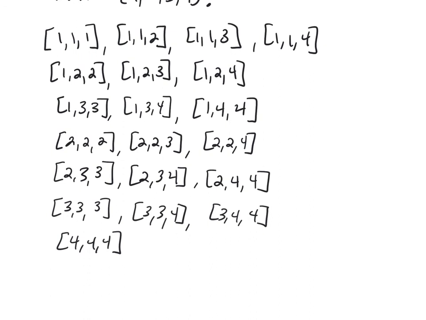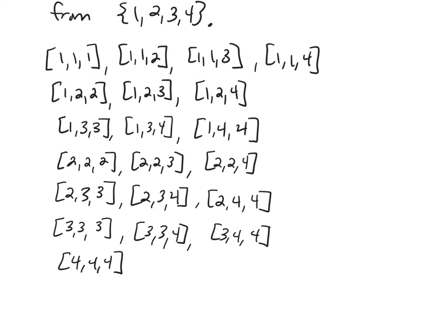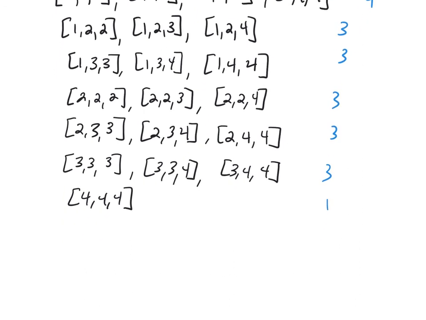If you count up how many of these there are, there's 4, 3, 3, 3, 3, 3, and a 1. There's 20 in total. So there are 20 3 combinations with repetition allowed.